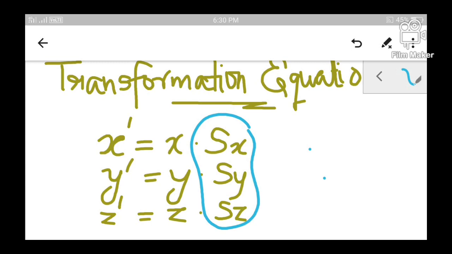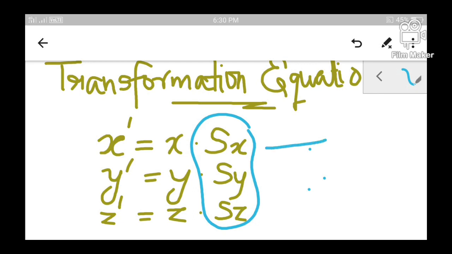Now remember, I have already told you that uniform scaling is where the object undergoes equal change in all three dimensions. Then what should be taken into utmost care while doing a uniform scaling? While performing a uniform scaling, height, width and breadth should be equally increased or equally decreased in size.